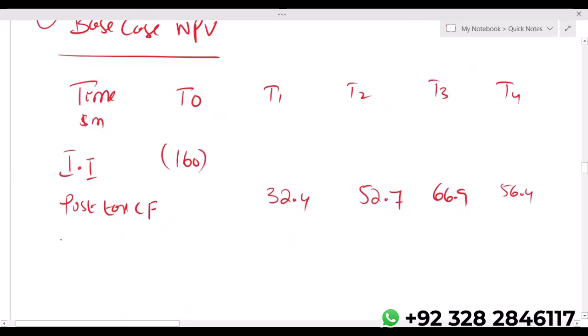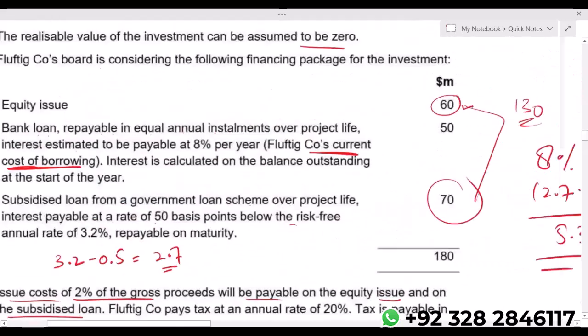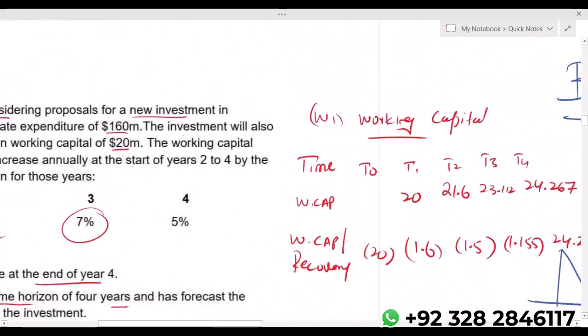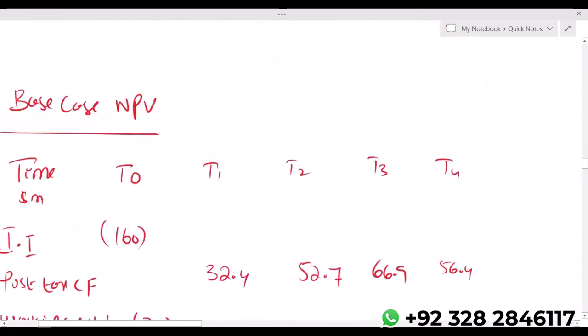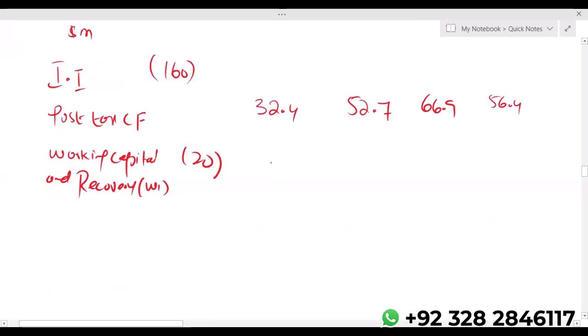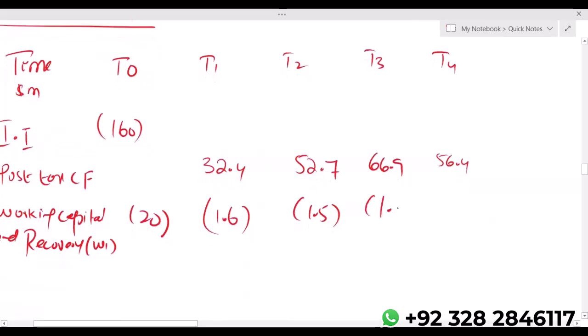Working capital, we have already done the working. Working capital and recovery. It was 20. And then 1.6, 1.5, then it was 1.155, I believe.